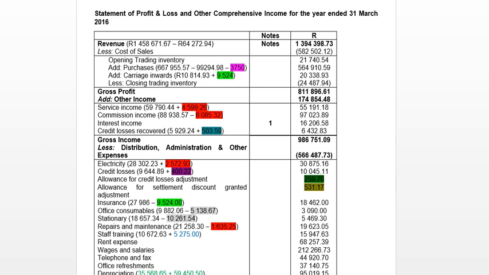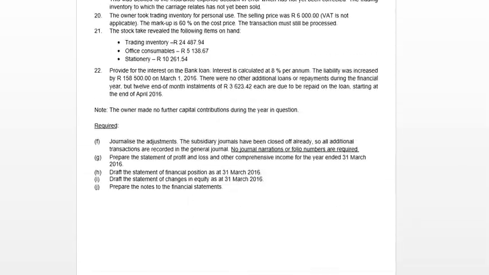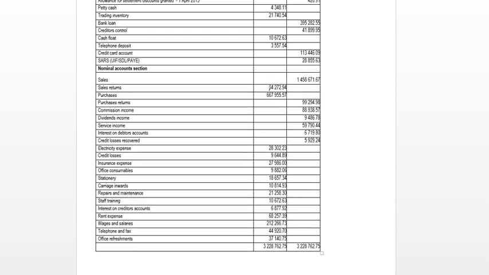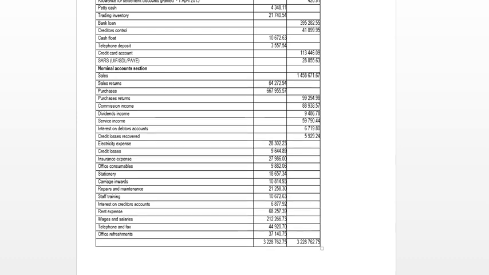So we've got our revenue. Our revenue is our sales less our sale returns. Where do we get that? We get it from our nominal accounts section. Our sales is 1,458,671.67, less our sale returns of 64,272.94.